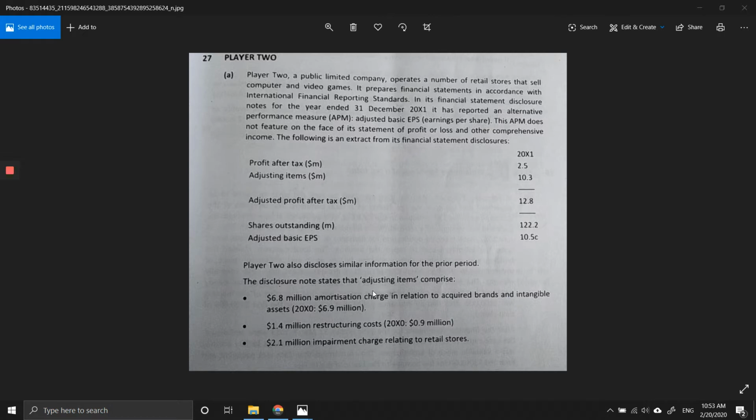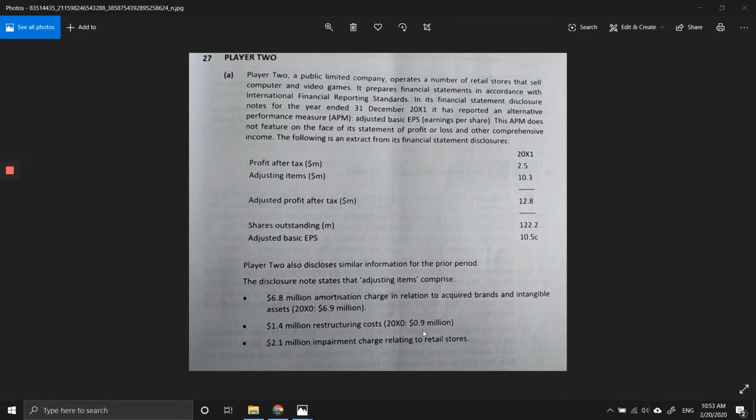The disclosure note states that adjusting items comprise 6.8 million amortization charge in relation to acquired brand and intangible assets. It was in 20X0 as well, the earlier year, so it's not really a non-recurring item. It has reduced, and this is the amortization charge in relation to brands and intangible assets. Then there is 1.4 million restructuring cost.